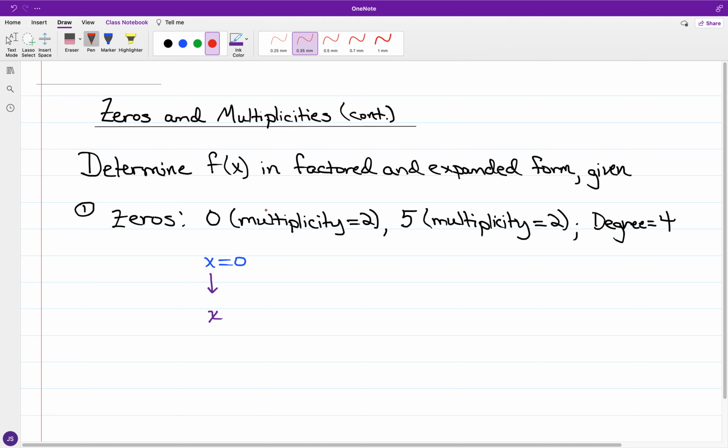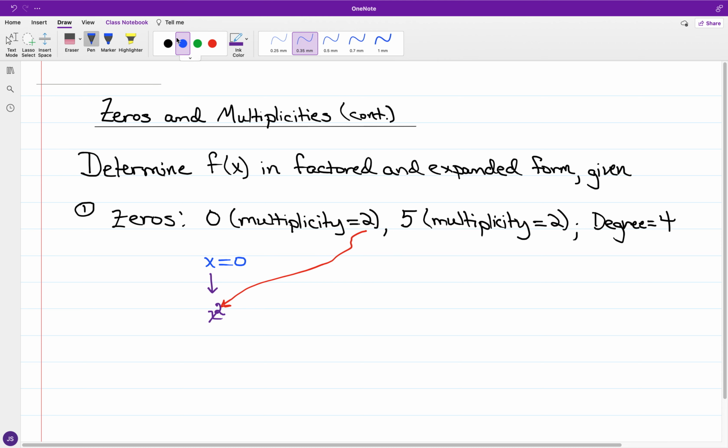By definition, the multiplicity of a zero is the degree to which the factor corresponding to that particular zero is raised. So with a multiplicity of 2, we have not just x, but x to the second.